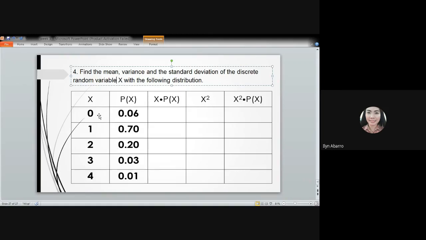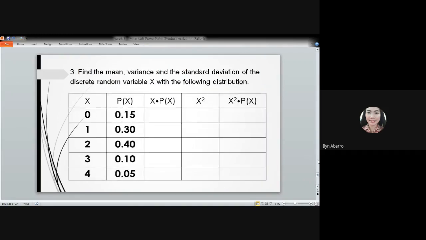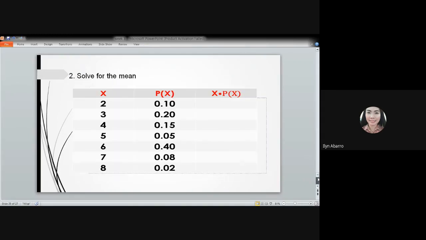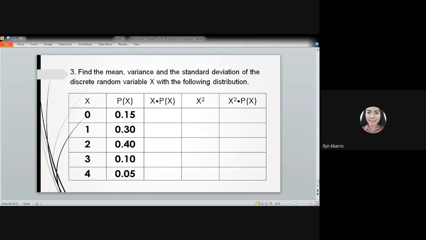Okay? 0, 1, 2, 3, 4 ang value ng ating random variable x. And then its probability is 0.06, 0.70, 0.20, 0.03, 0.01. Okay? So, show your solution.